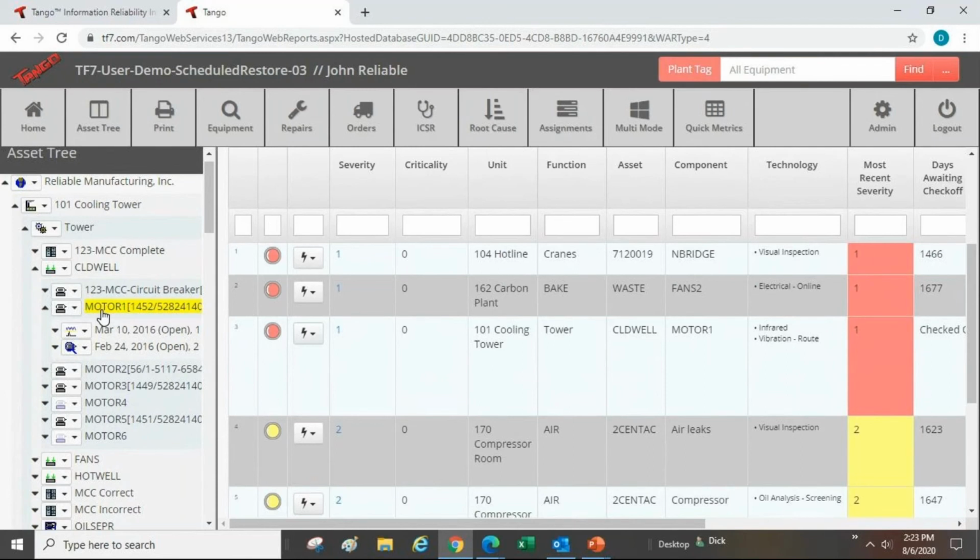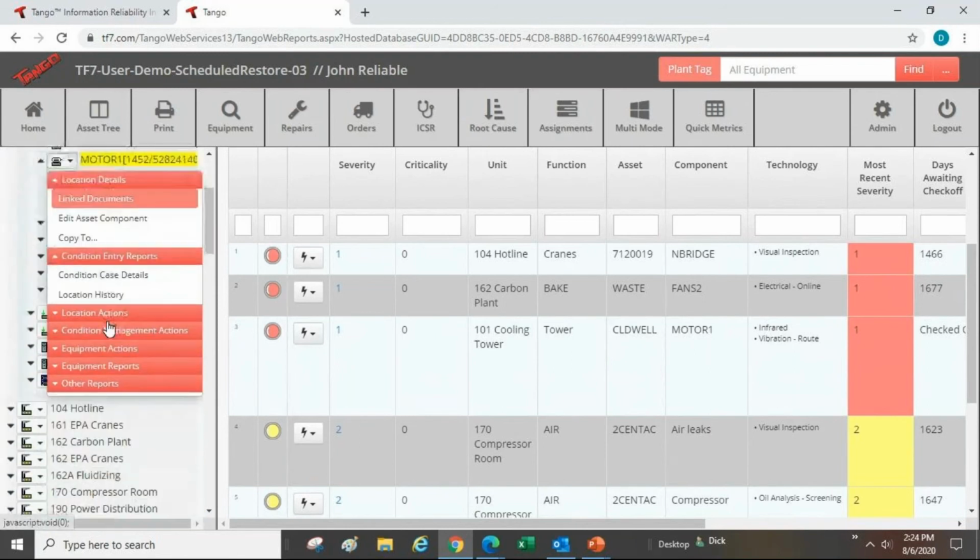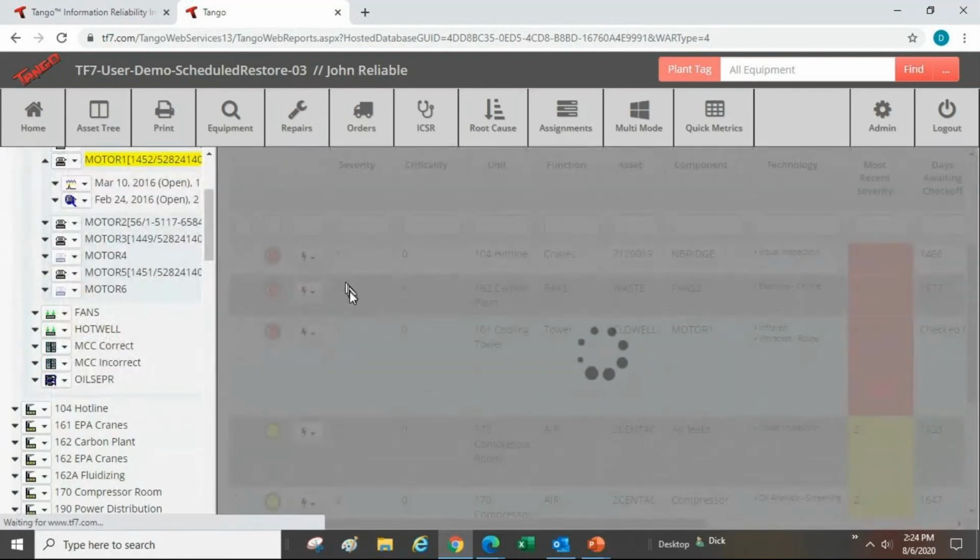I can tell in Tango that this is not only a functional service location for motor number 1, but that we also have information about the individual motor that's currently in service on this base plate, and its tag number 1452. If I want to start seeing the history, I can quickly bring up the information about the location.